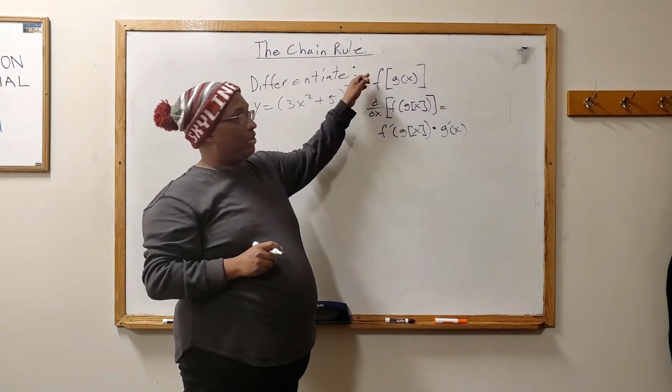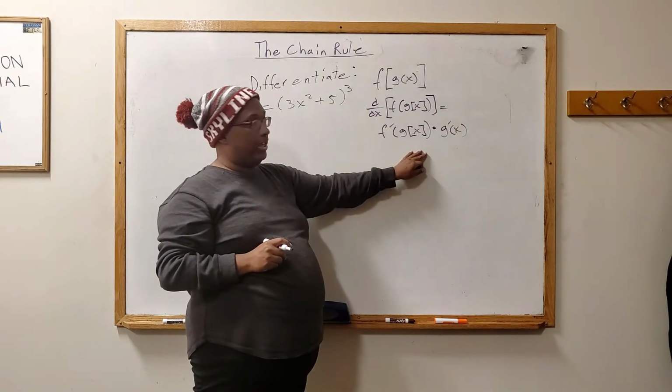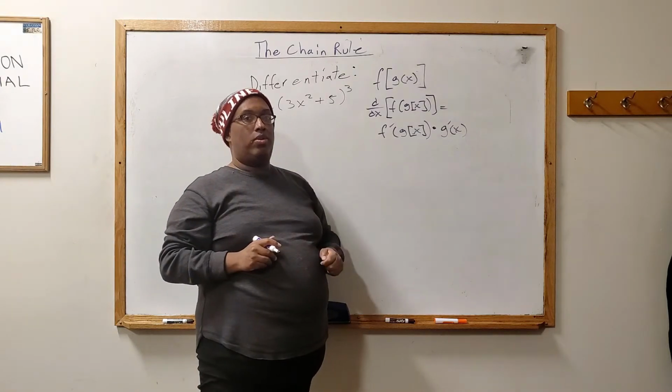So given this function, the derivative of it is this. This is how you use the chain rule.